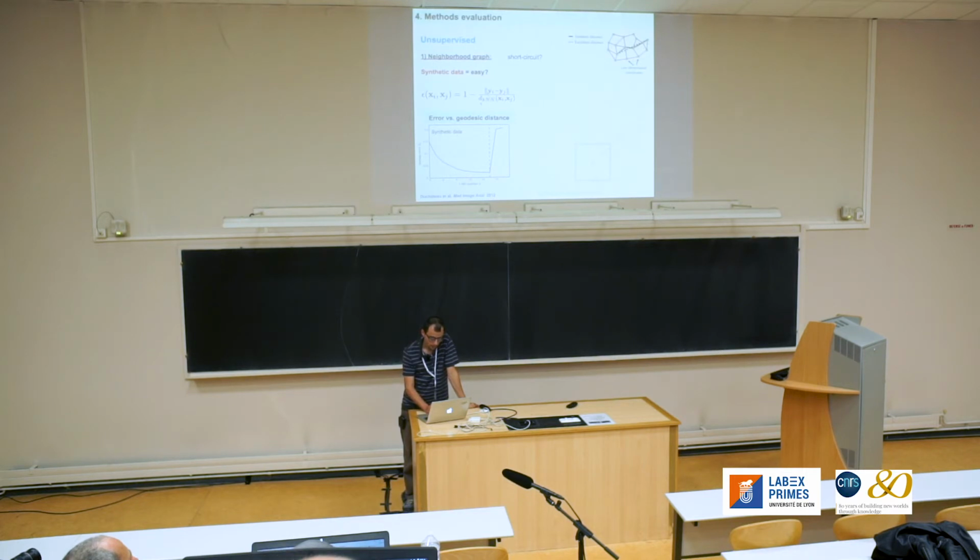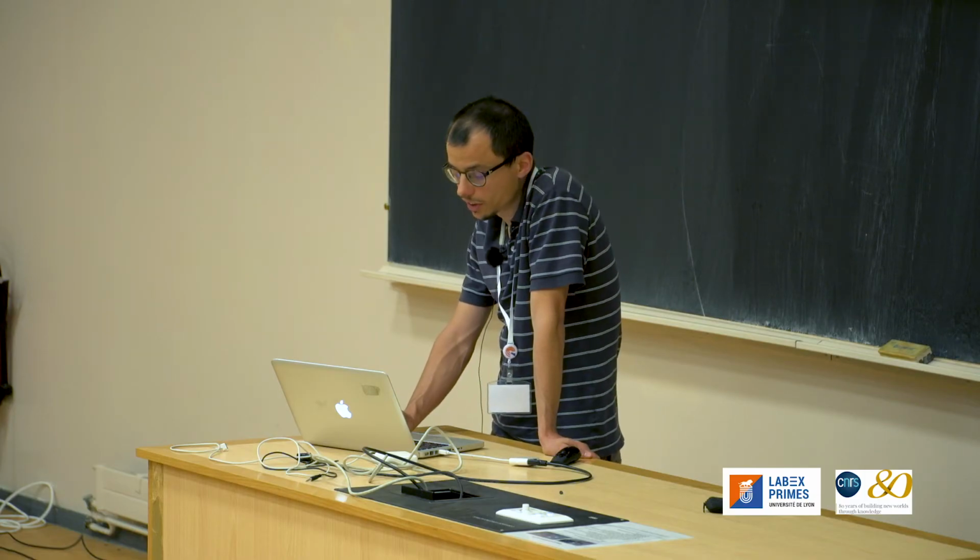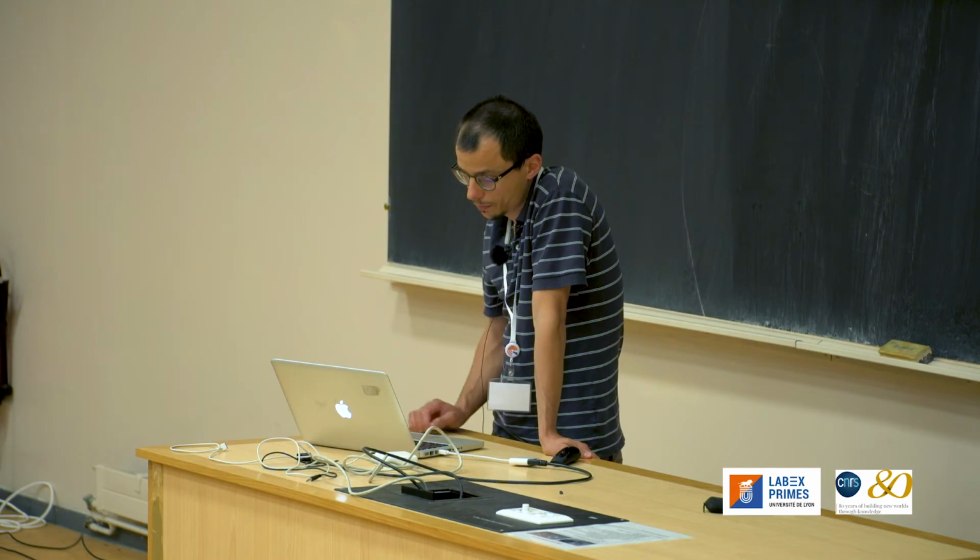And you see that when you increase the number of neighbors, this error decreases. You're getting better and better, close to zero, until you introduce a short circuit, and then it explodes. But that's quite easy because it's a very synthetic example for which you know the ground truth.